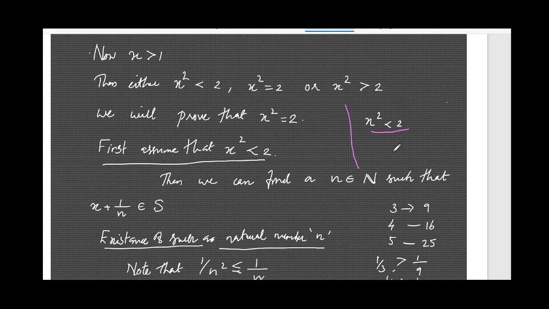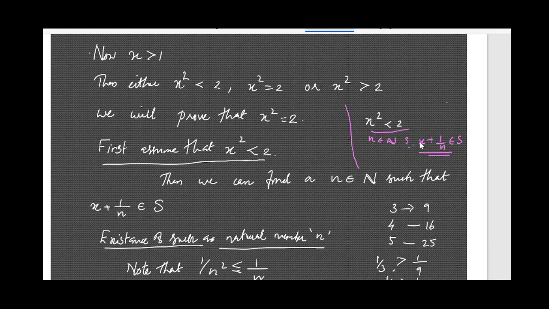Now we can find a 1 by n, n belongs to capital N, such that x plus 1 by n also belongs to S. So this is a contradiction, right? Because we are having x as a supremum. Now x is a supremum means x is the least upper bound, right?